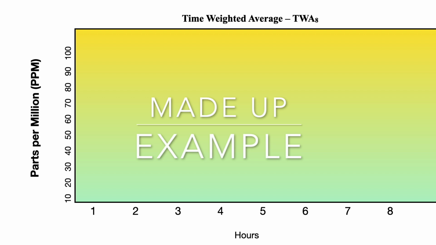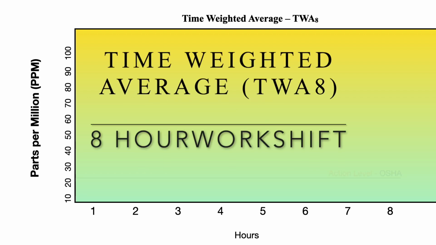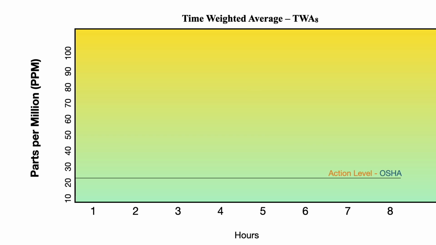So here's a made-up example of what we do to determine what kind of a respirator you need to have. First of all, OSHA says there's something called the action level. The action level means the company needs to have a program. The permissible exposure limit, or the PEL, is where you need to start wearing a respirator.